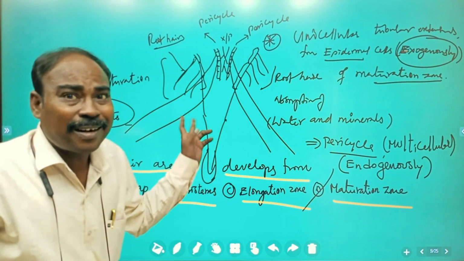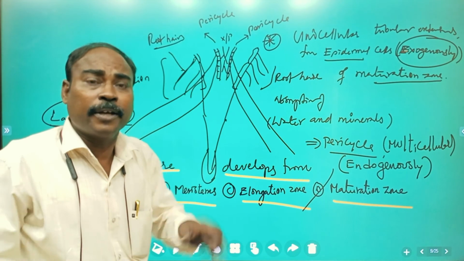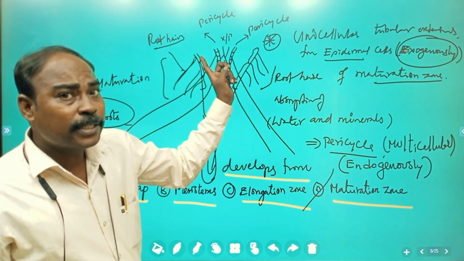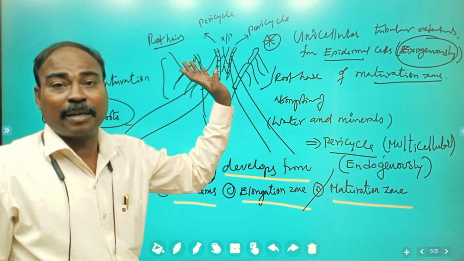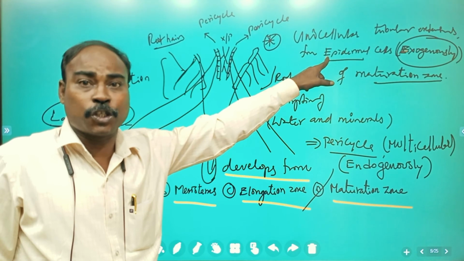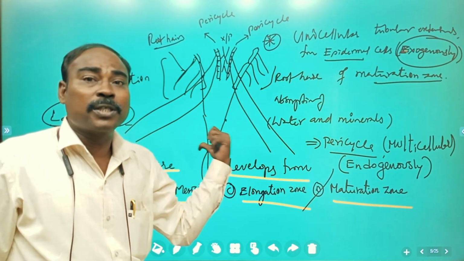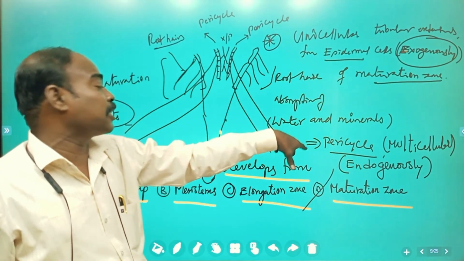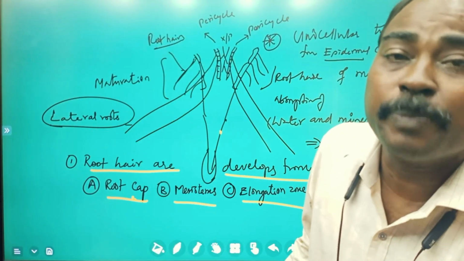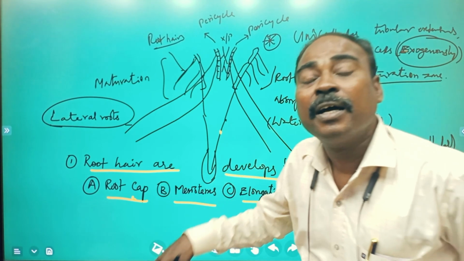So lateral roots do not participate in absorption of water. They help in branching and spreading of the root system. But root hairs are useful for absorption of water and minerals, and are exogenous from epidermal cells of the maturation zone. Lateral roots are developed from the pericycle endogenously, from the internal part. So make sure you know the difference between exogenous and endogenous.